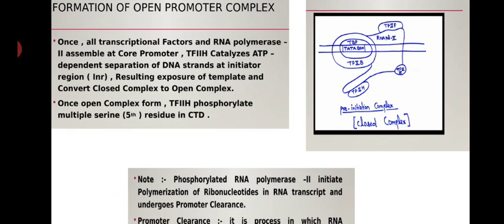So transcription factor 2H is dependent on ATP, which gives the energy to separate the DNA strands at the initiator region.